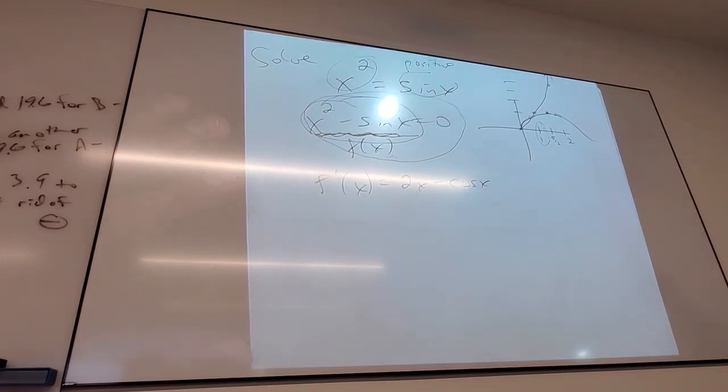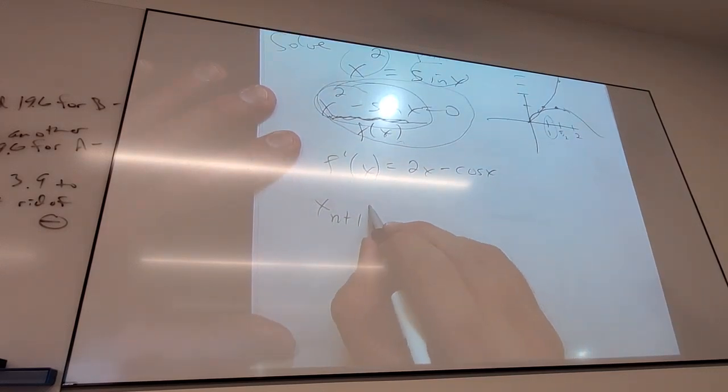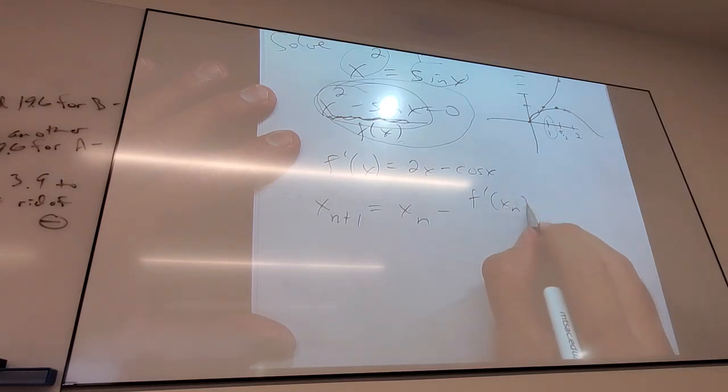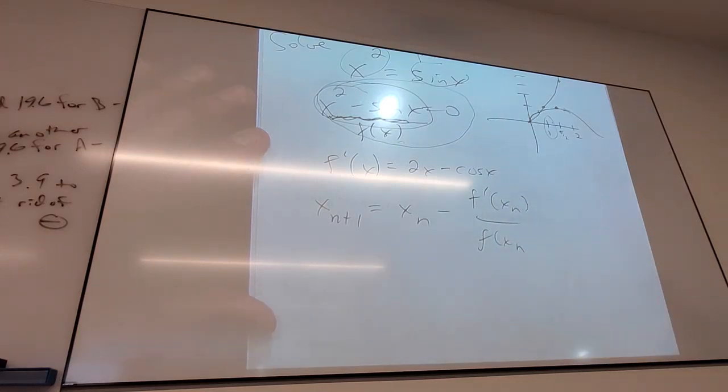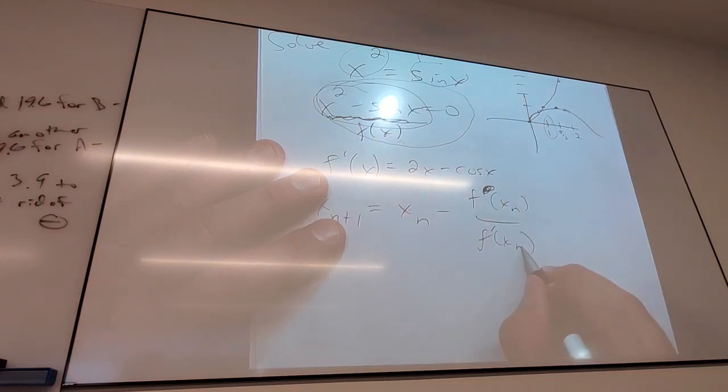Okay, so how's this work? I know that x n plus 1 equals x n minus f of x n divided by f prime of x n. Oh yeah, other way around, sorry, prime on the bottom.